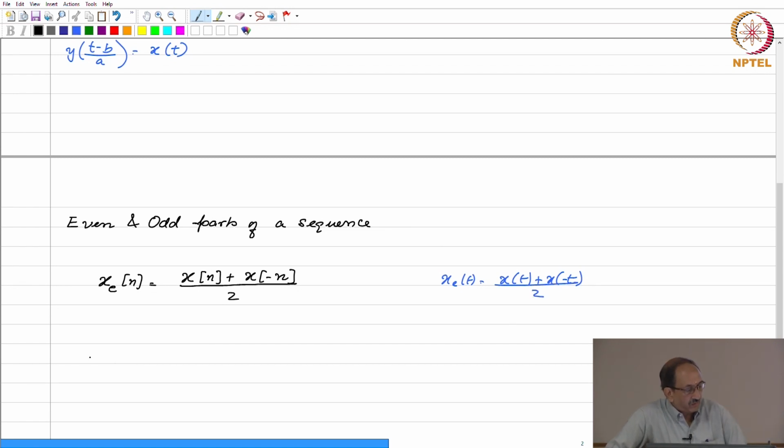You can easily verify that x_e of n equals x_e of minus n.